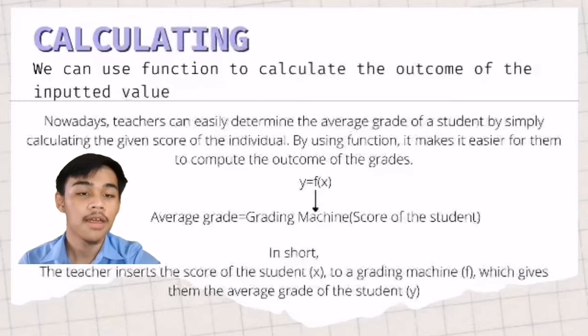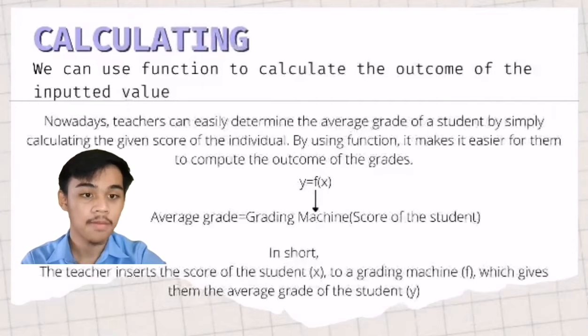For example, nowadays, teachers can determine the average grade of the student by simply calculating the given grade or score of the student. By using a function, it makes it easier for them to compute the outcome of the grades. By using the function rule y equals f of x, which means inputting x into f results to y, in our case, the average grade of the student is equal to the grading machine of the score of the student.